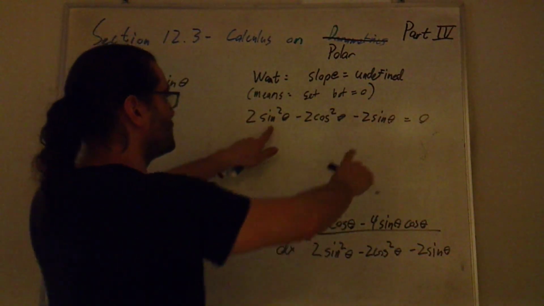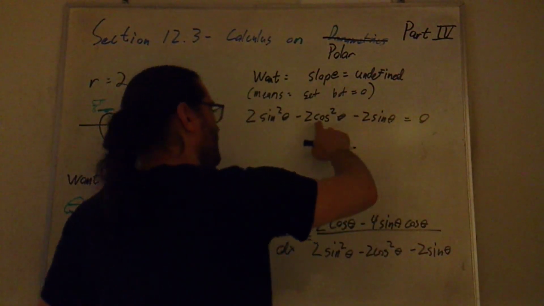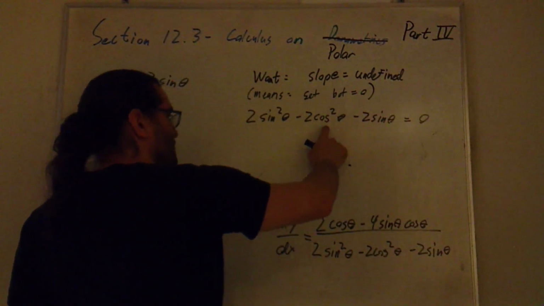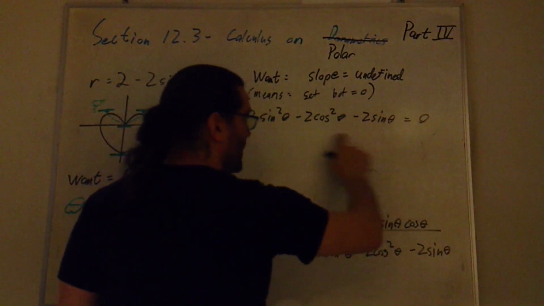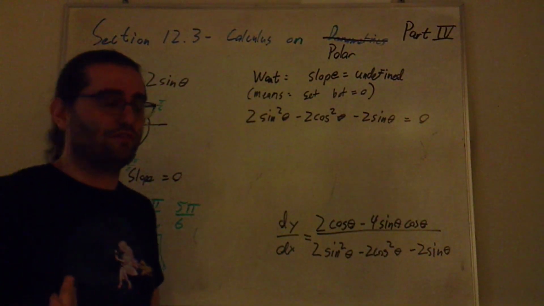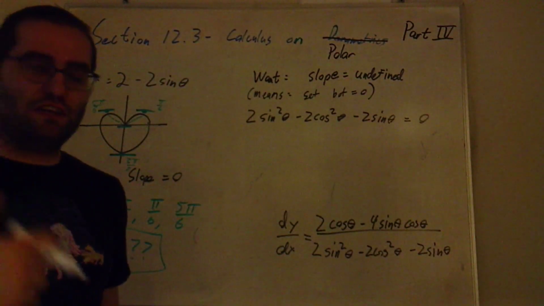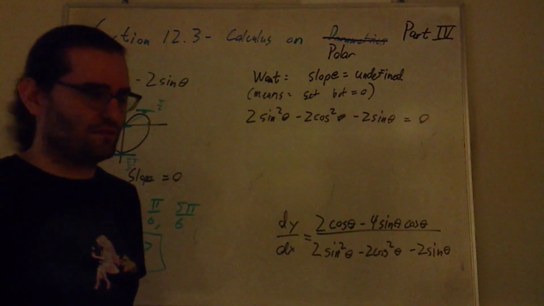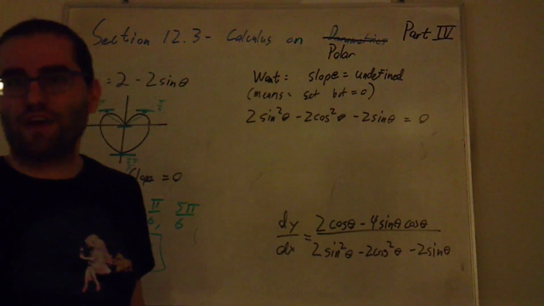But I do see that 2 of them are sine. I have a sine squared and I have a sine. If I could transform this into all sines, then I could swap out sine for any old placeholder variable like a q or a v or anything. D. No, D is for derivative. A. A is very neutral.